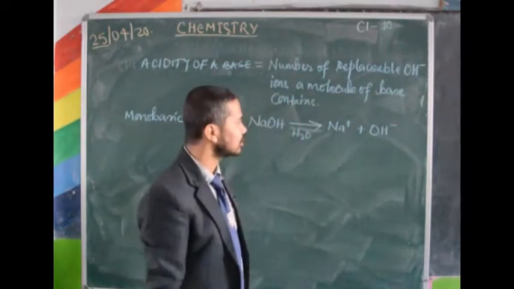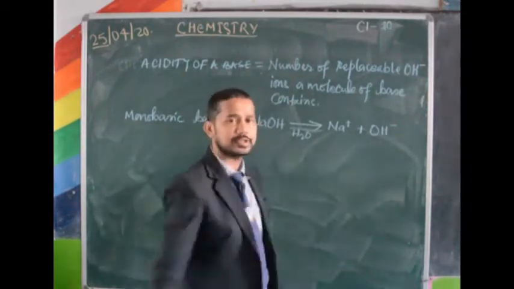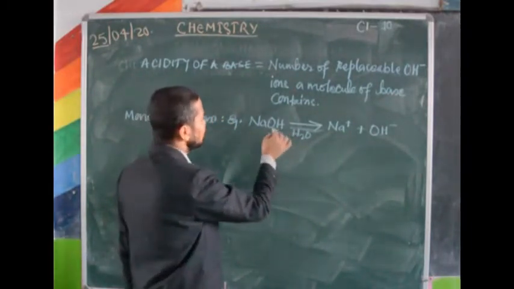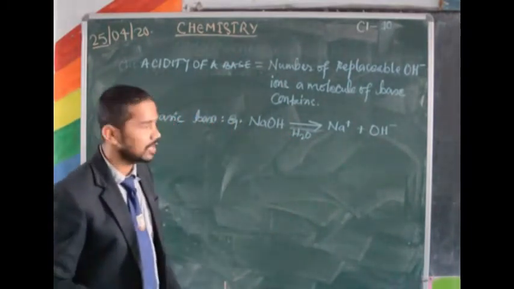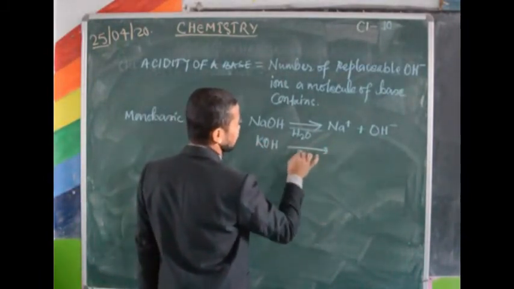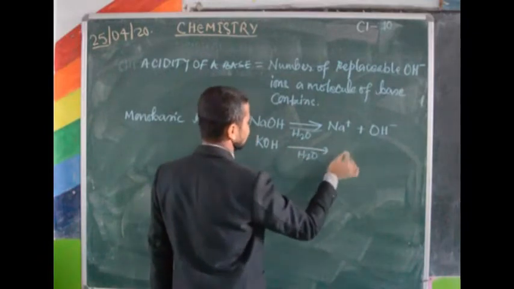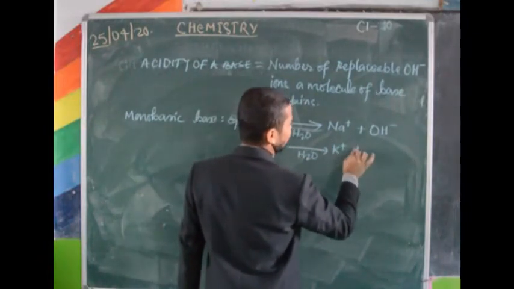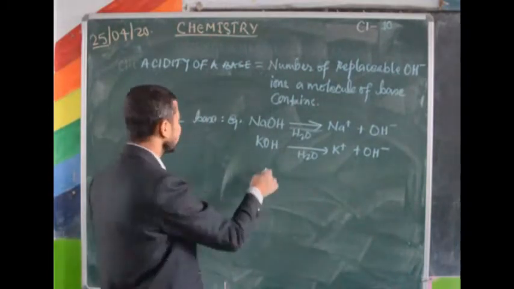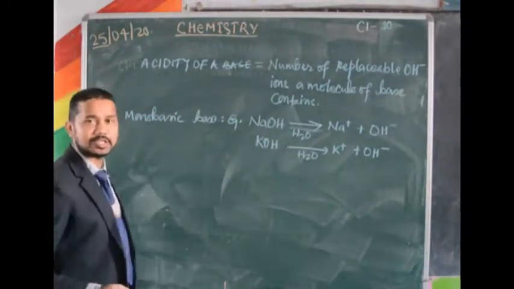So we can see only one hydroxyl ion is produced by one molecule of sodium hydroxide. As a result, this is a monoacidic base. Similarly, potassium hydroxide, when dissolved in water, gives K+ and OH-. Only one hydroxyl ion is produced, so KOH is also a monoacidic base.